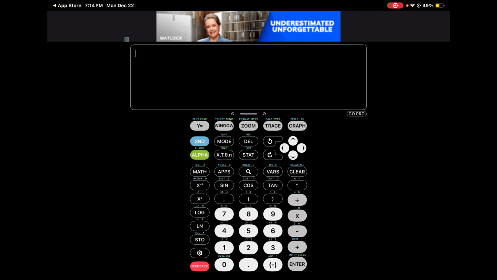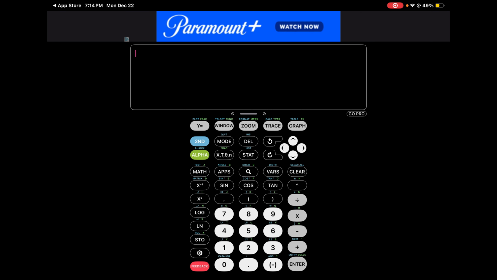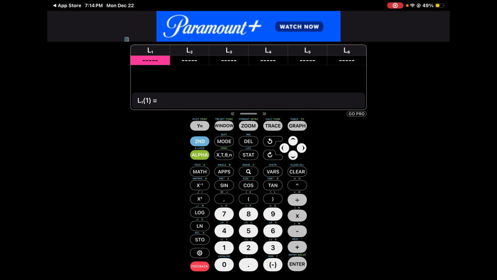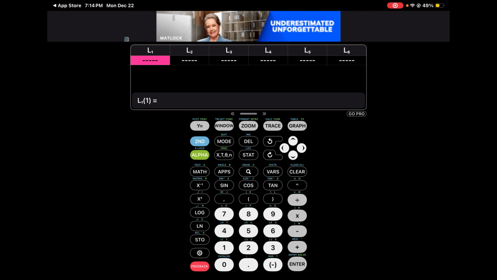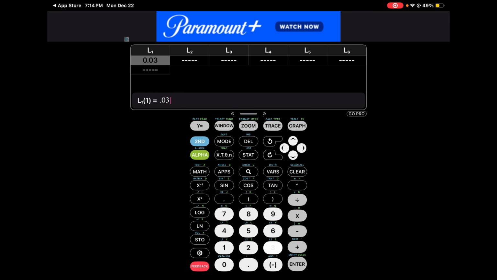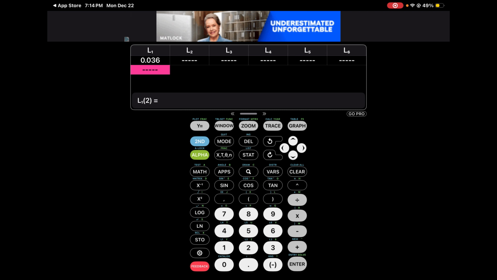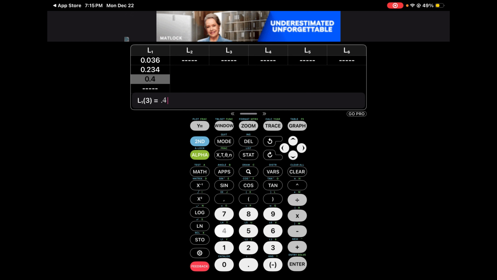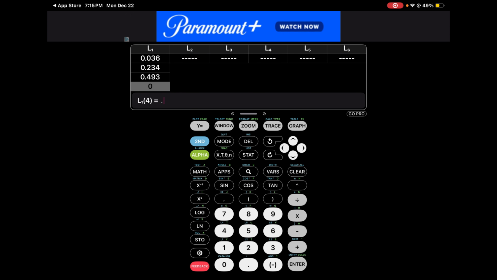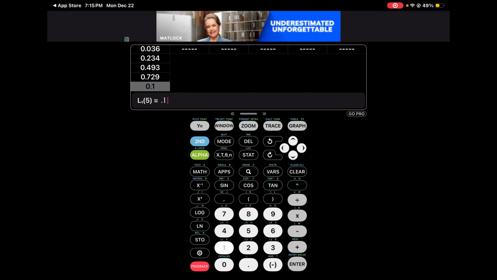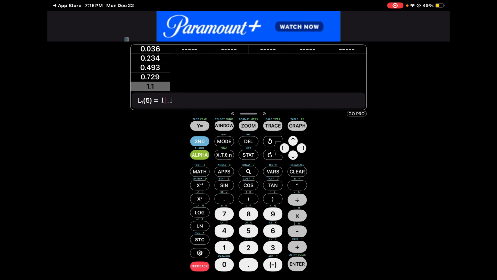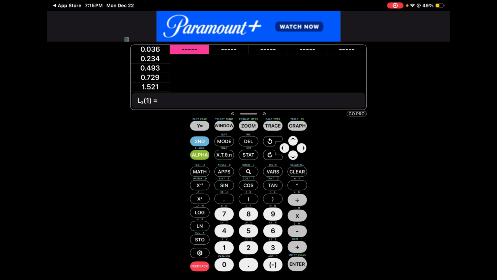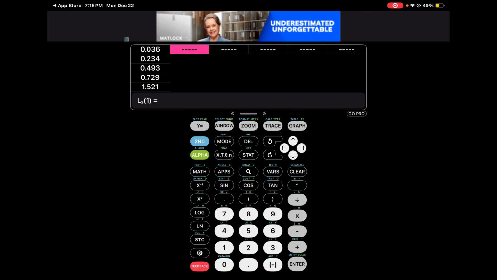So now we will try to use the slope of the best fit line to determine your ax. So first I'll create two lists. L1 is your x values, okay? So 0.036, 0.234, 0.493, 0.729, 1.521, and your L2 is t squared.